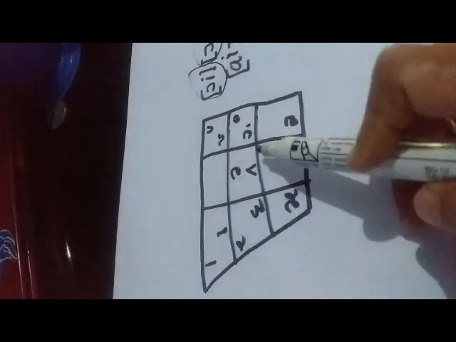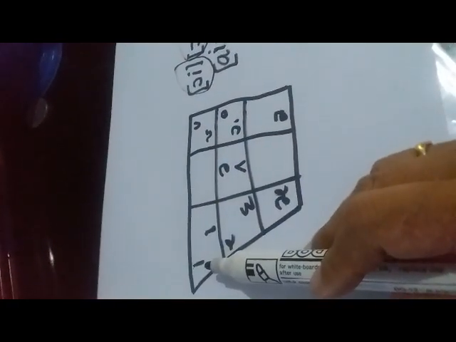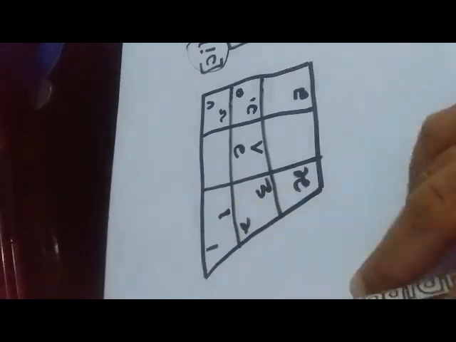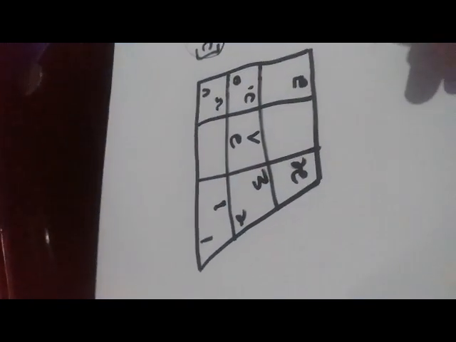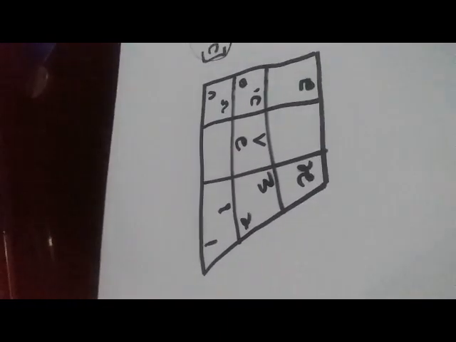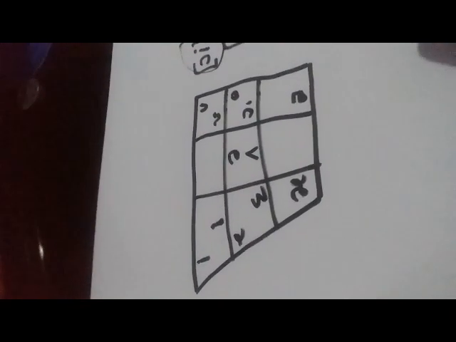The first version glides from O to E. The second version glides from O to A. But it's all the same sound, both pronounced as oi.